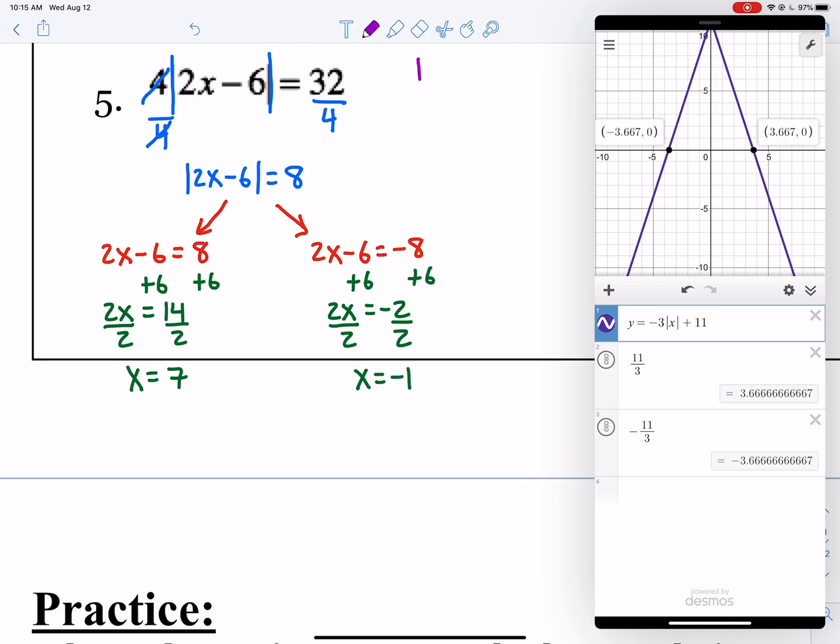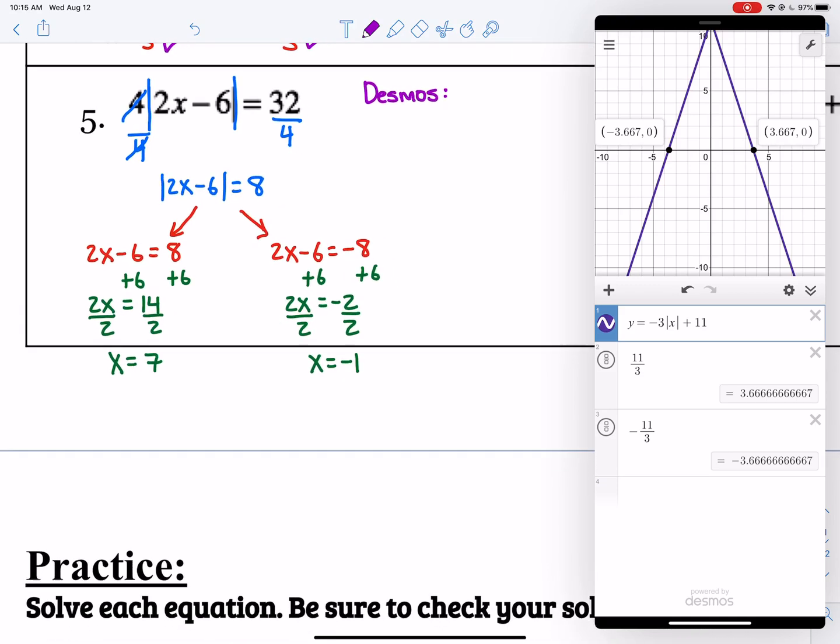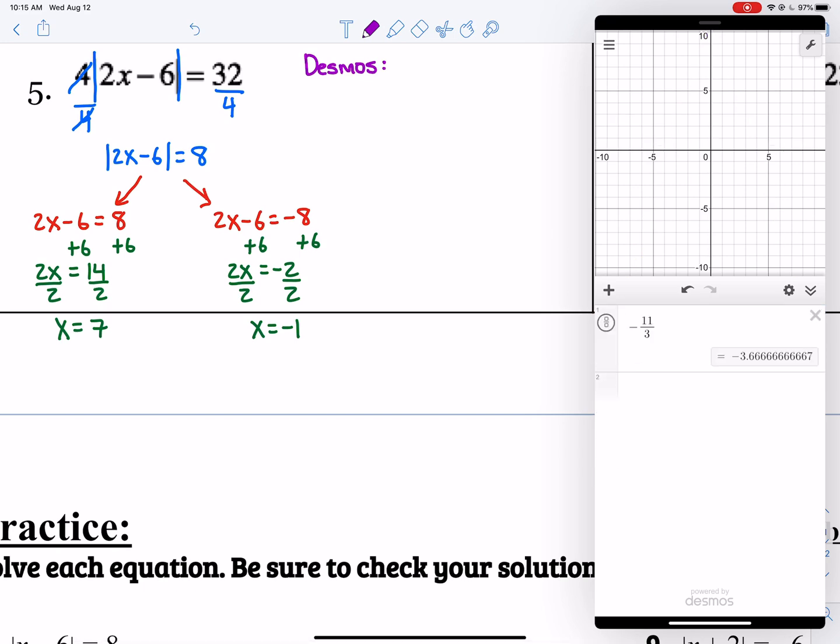So last but not least, we just need to get it into the form that'll help us check it with Desmos. So let me get rid of what was in there from our number 4 example. And let's write 4 absolute value of 2x minus 6 equals 32. So we're going to subtract 32 from both sides just to move it over to the left.